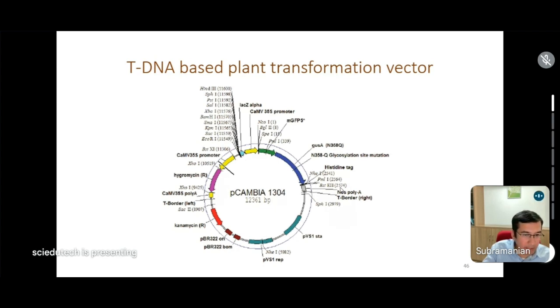And you have different other things, including the GUS gene, which is a selectable marker. You can also see different restriction enzyme sites there. They are the region where your gene of interest is introduced, and the 35S promoter drives that gene of interest.